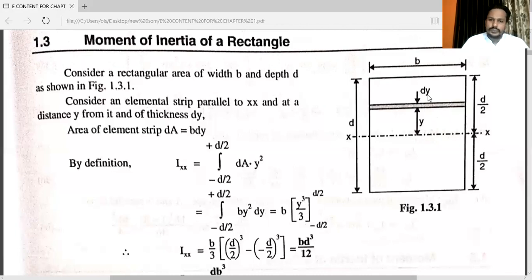You can see the horizontal length of the strip is equal to the base distance, that is b. So see in this diagram, rectangular area of width, that is b, means base distance. Depth distance is given, that is d. Already I explained you the elemental strip parallel to xx. The important thing, this strip is parallel to the xx, and at a distance y, you can see this distance y.